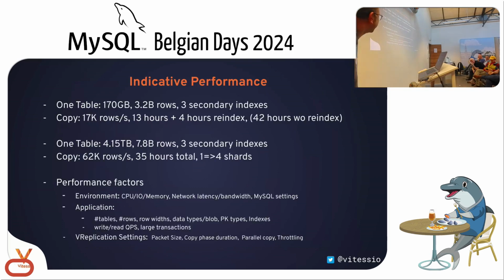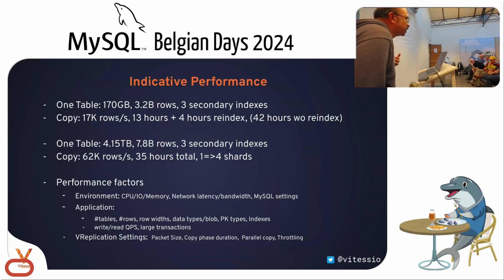Some indicative numbers, just 2 tables from recent, to get an idea of how fast these things are. By default now we drop secondary indexes before we copy. That we found was a very good optimization. Performance factors, other than the non-standard ones: data types, primary key data types also make a big difference.